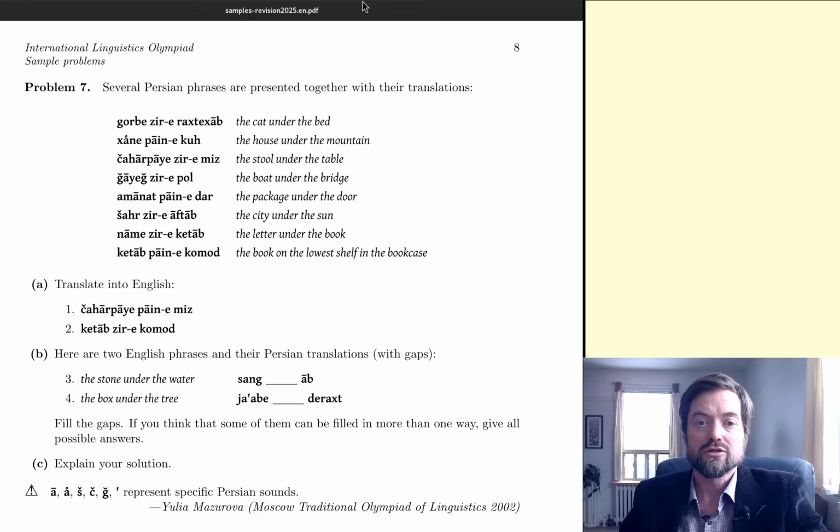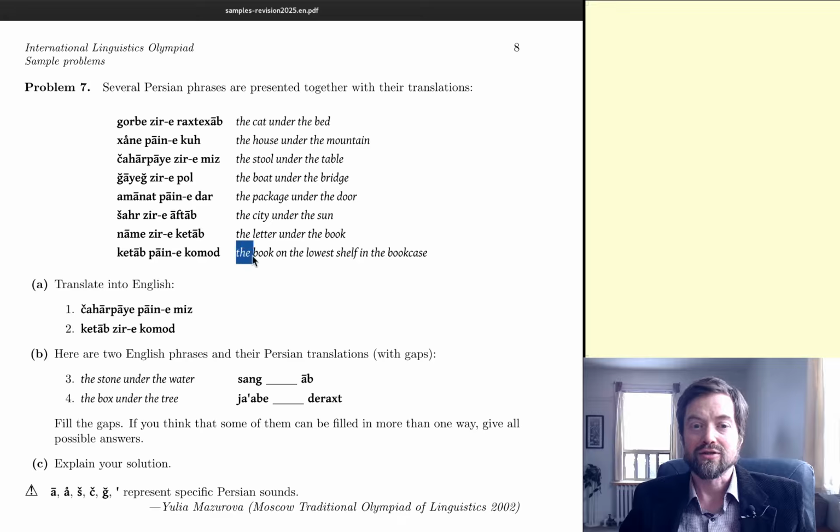we have nouns followed by these preposition phrases, right? So you have here, it's the something under the something, that's for all of them, except for this one: the something on the something in the something.